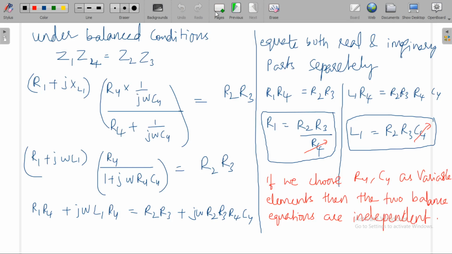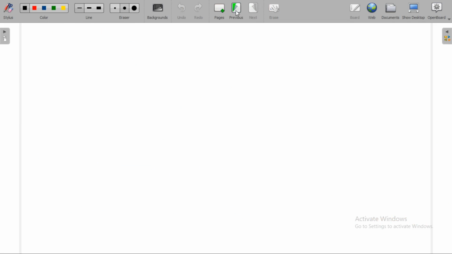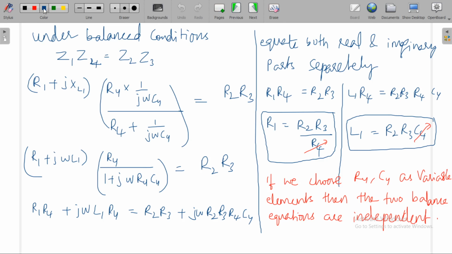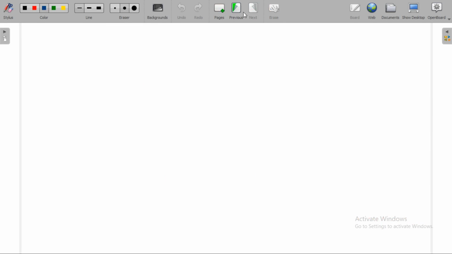Now let us take R1 and L1. R1 is equal to R2 R3 by R4. L1 is equal to R2 R3 C4. Okay, what will be the quality factor?